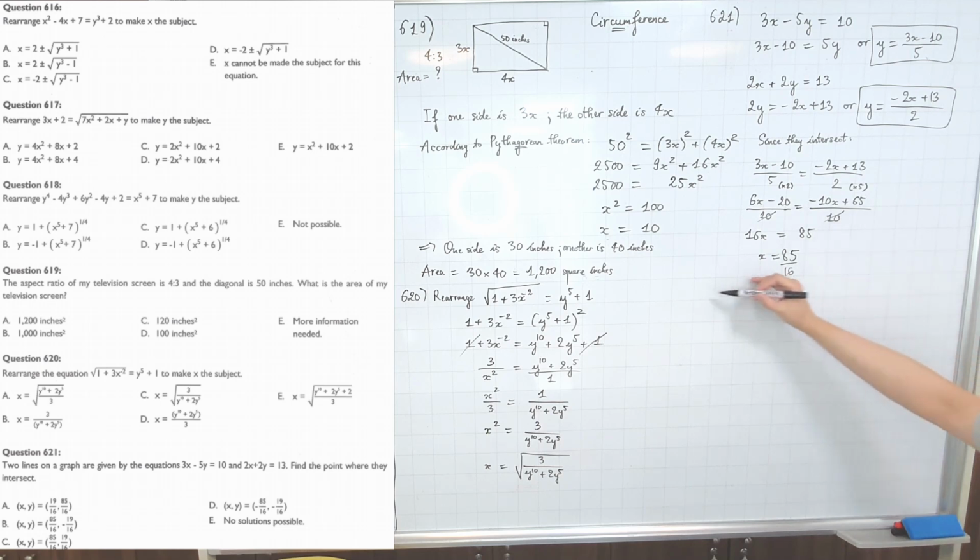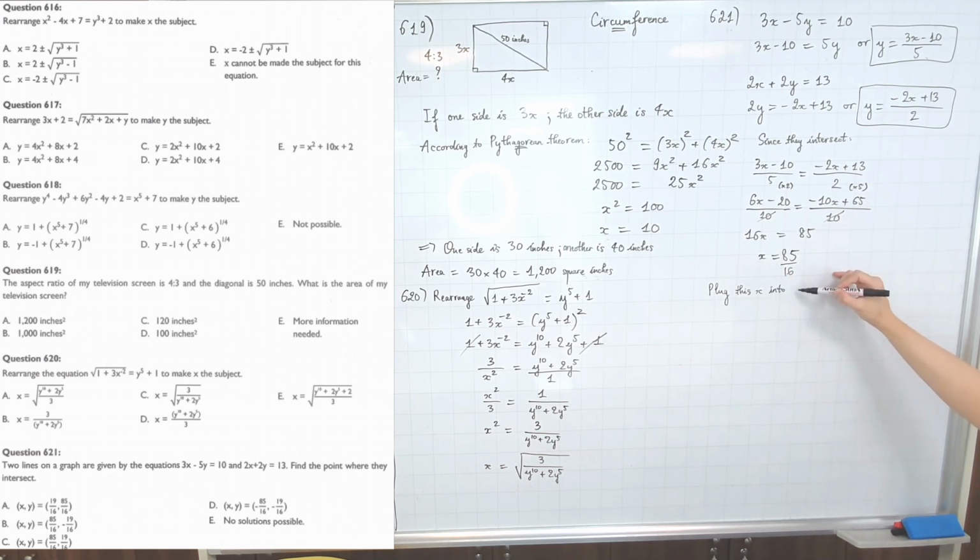And then plug this x into, let's just say, something that looks simple. Into 1. You can plug into both because they both will come to the answer.